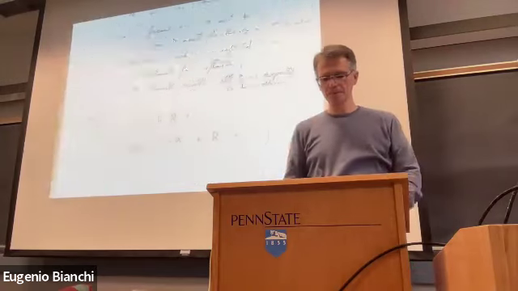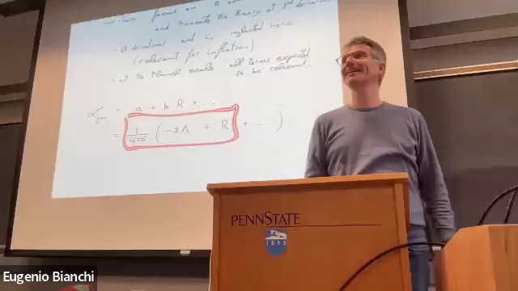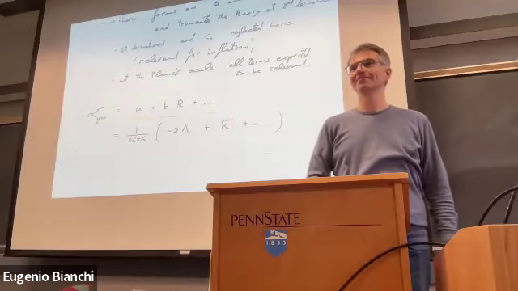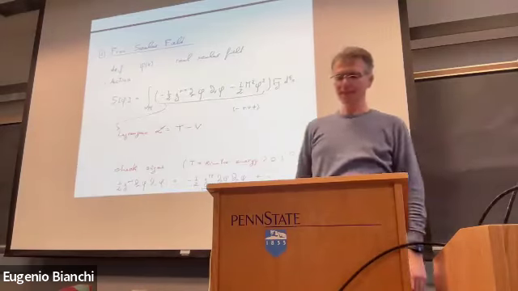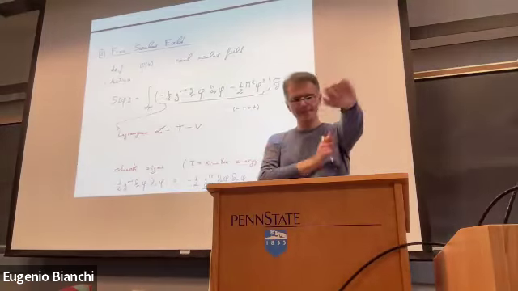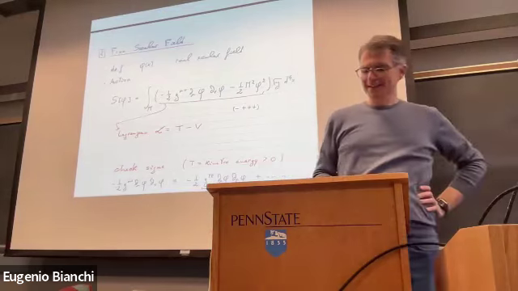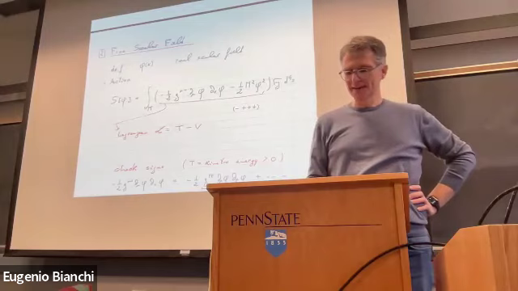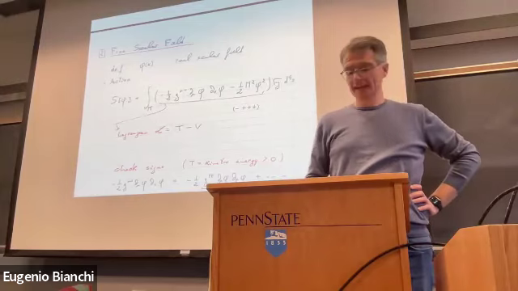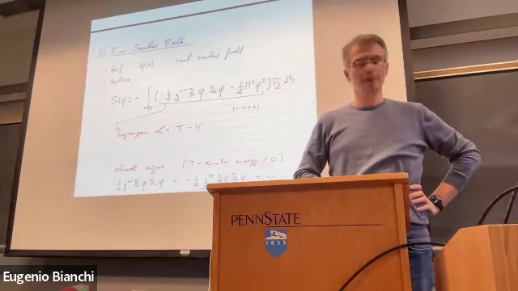So all we're going to do is cut it here. Okay, linear function. That's what we're going to do. Okay, so let's go back to something easy, something that I'm assuming you have seen: how do you write the action for a scalar field? This is a scalar field in an external curved geometry background.